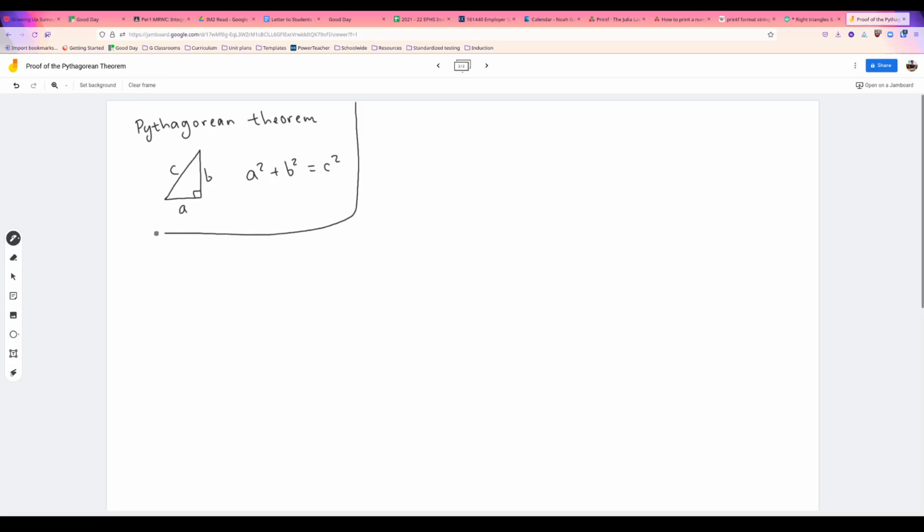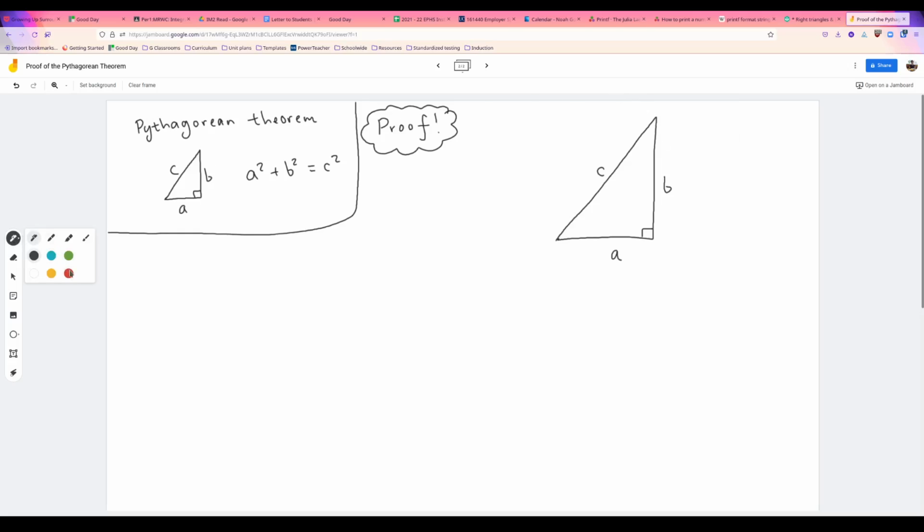Well, we're going to start by just drawing a triangle. So let's start the proof. We're going to start by just drawing a triangle that has legs A and B and a hypotenuse C. All right. Once we've started with that, we're going to add to this diagram.